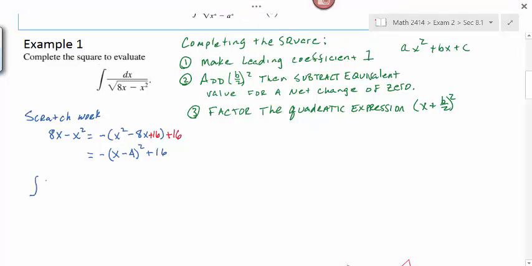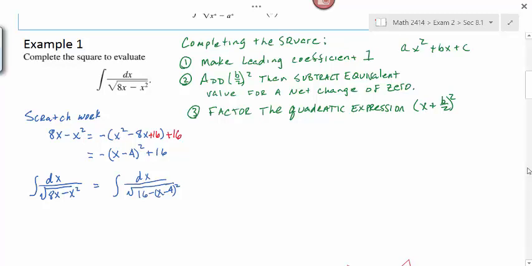The problem originally is the integral of dx over the square root of 8x minus x squared. Based on the work for completing the square, I can now rewrite this as the integral of dx over the square root of 16 minus x minus 4 quantity squared.